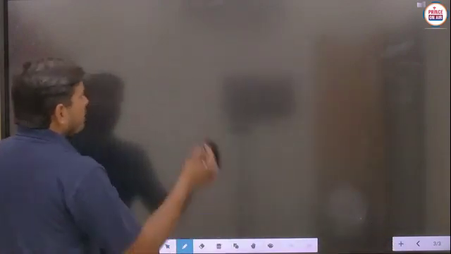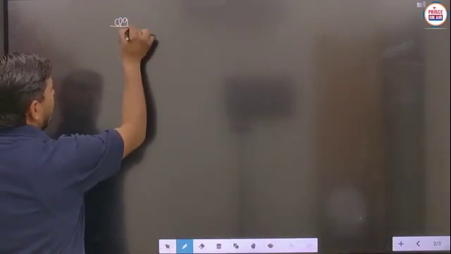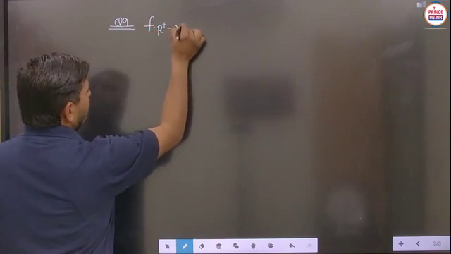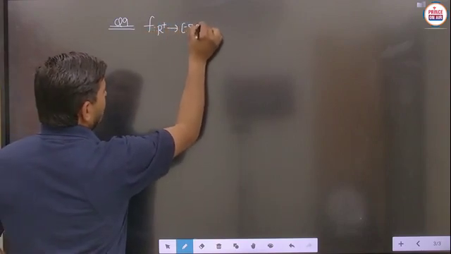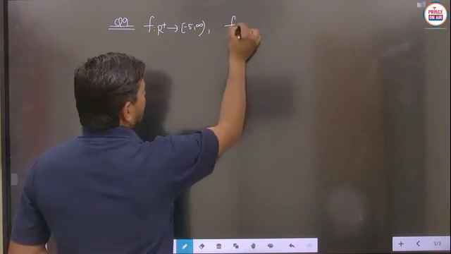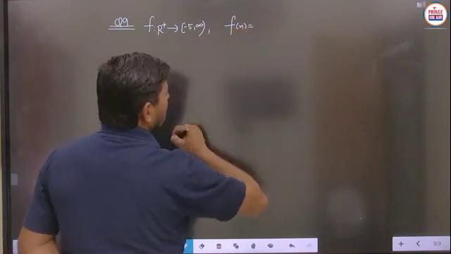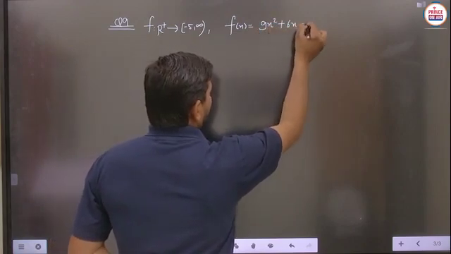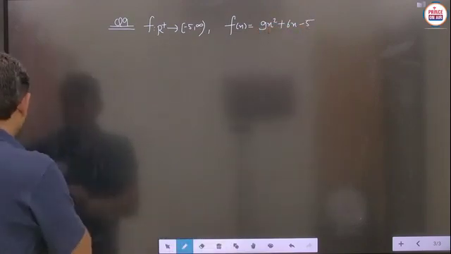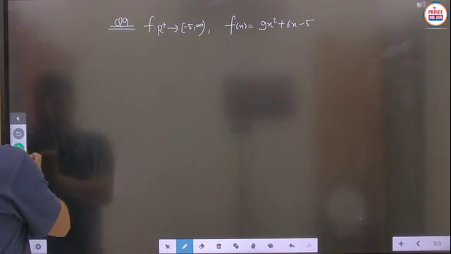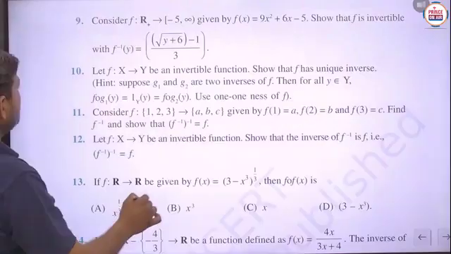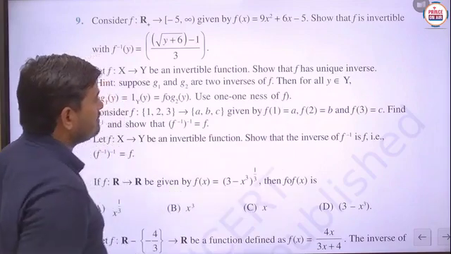Question number 9 says that any function f is defined from R positive to [-5, infinity), and f(x) is given as 9x² + 6x − 5. Again we will check the question whether it is correct or not. So basically the question is 9x² + 6x − 5, no problem.